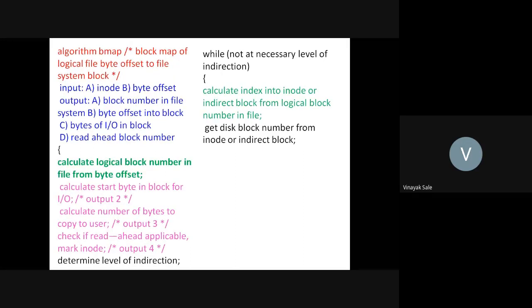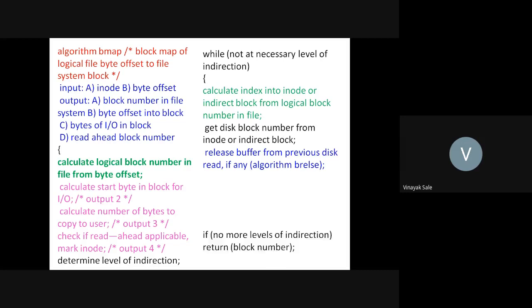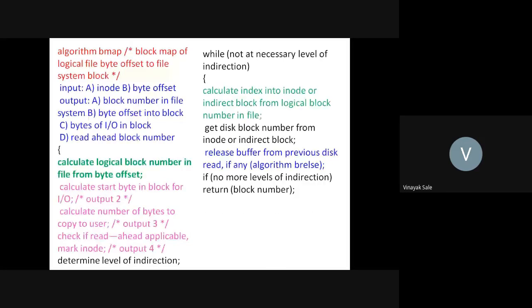Then get the disk block number from the inode or indirect block. Then release the buffer from the previous disk read by using algorithm release. Then if there are no more levels of indirection, return the block number.